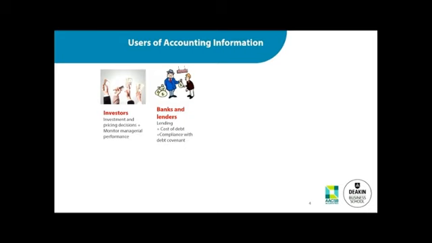Compliance with debt covenants. My company borrowed from Commonwealth Bank on the condition that they lend us $1 million, but we are not supposed to borrow from any other bank. This is the covenant of my borrowing. So Commonwealth Bank will check my financial statement to see whether I breached the covenant or not.